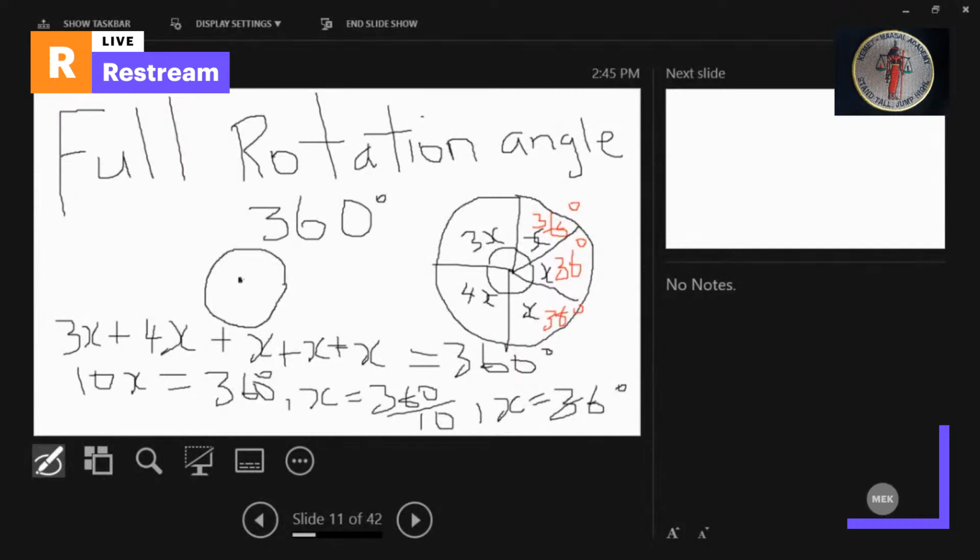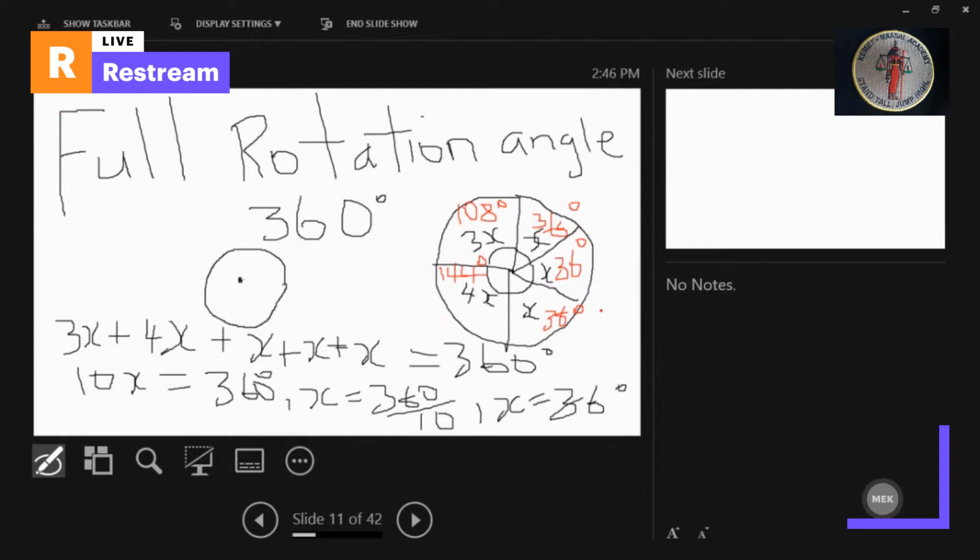This one is 3x, so this is 3 times the 36. 3 6s 18, 3 3s 9, and 1 10. So this one is 108 degrees. And this is 4x, so 4 times 36. 4 6s 24, 4 3s 12, and 2 14. So this is 144 degrees.